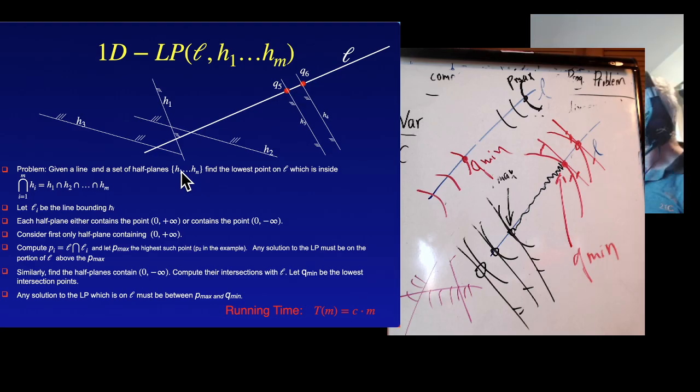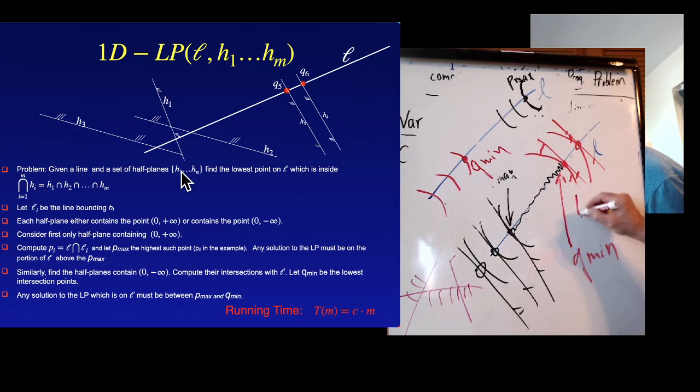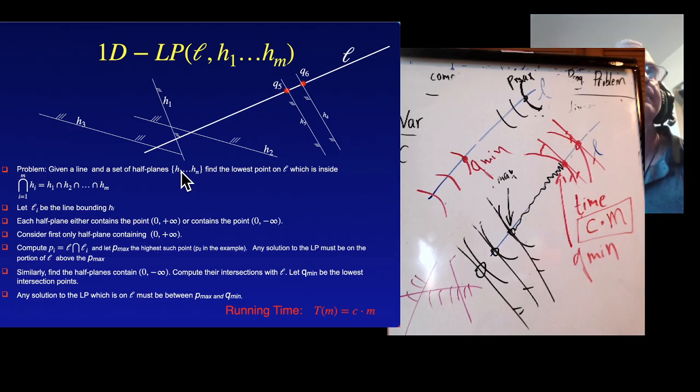Okay, how much time does it take? It would take some constant times m, if m is the number of half planes. Some constant, remember this constant, times m. Linear in the number of half planes that I have at this moment.